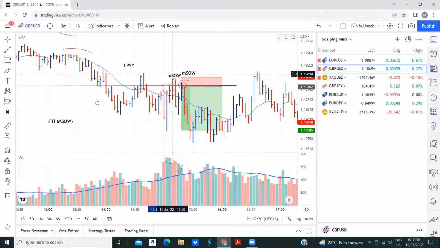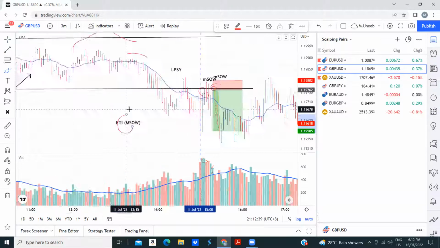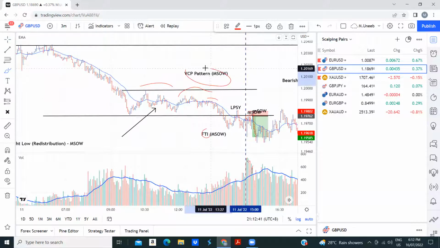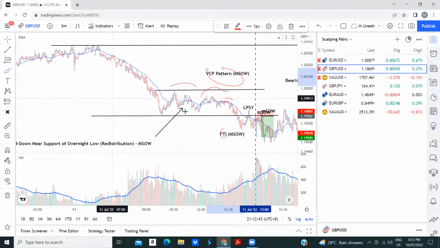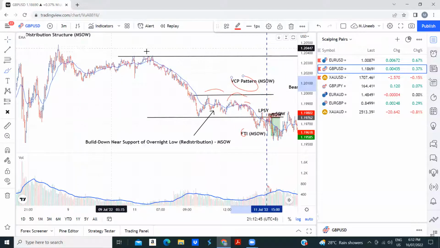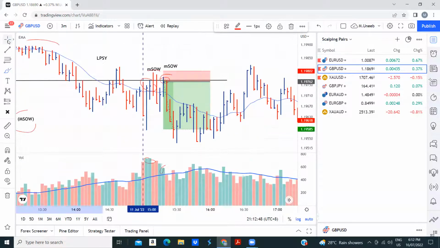Both of these, here and here, are MSOW, small m SOW. Small m means minor, capital M is major. Minor signs of weakness confirm this FTI, this whole move. It also confirms this VCP pattern, this redistribution, and the distribution structure.